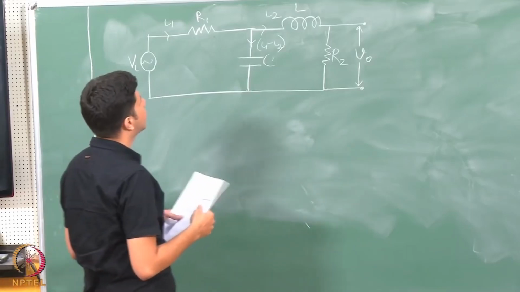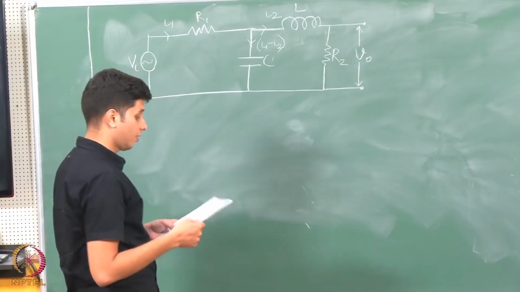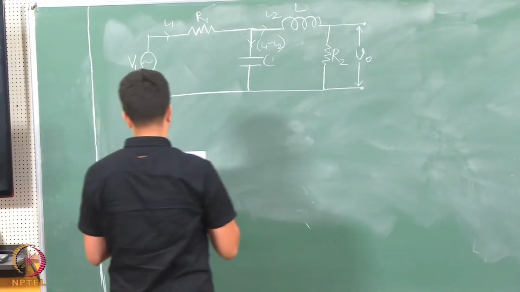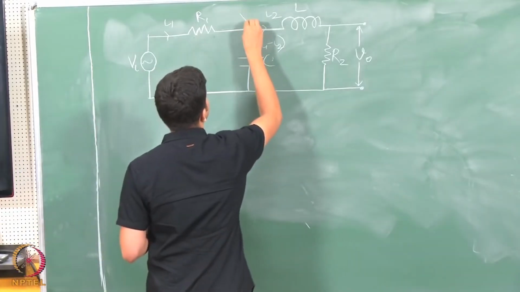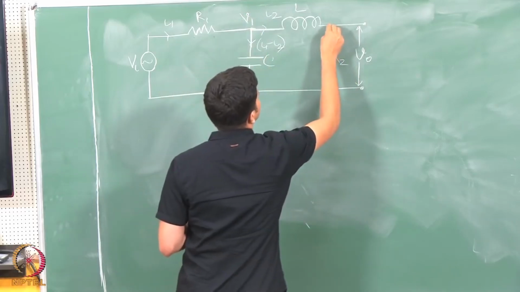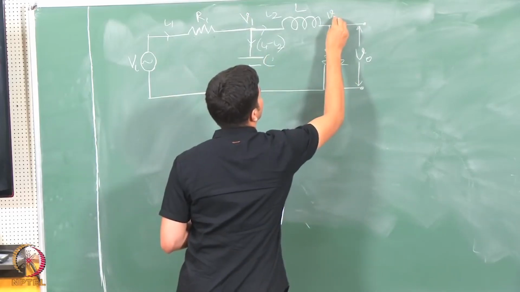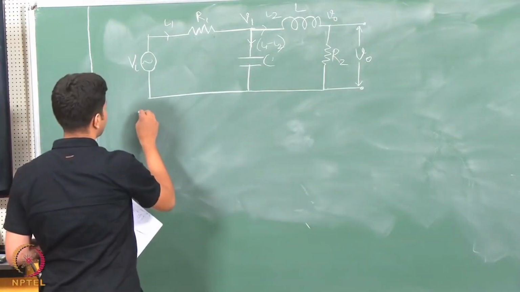First, we will write down the equations based on the Kirchhoff's laws that we know. The voltage here I am defining as V1, and this will be V0. So, what is my Vi of S?